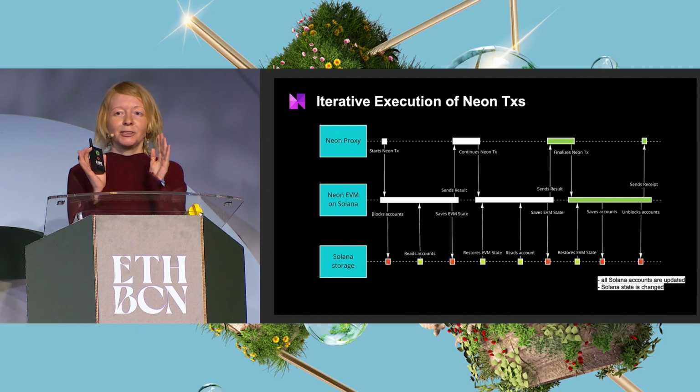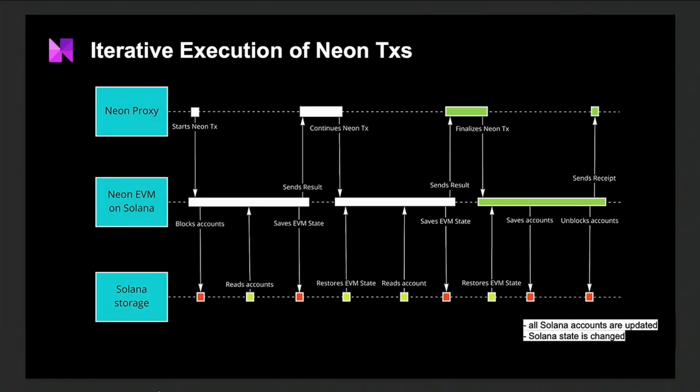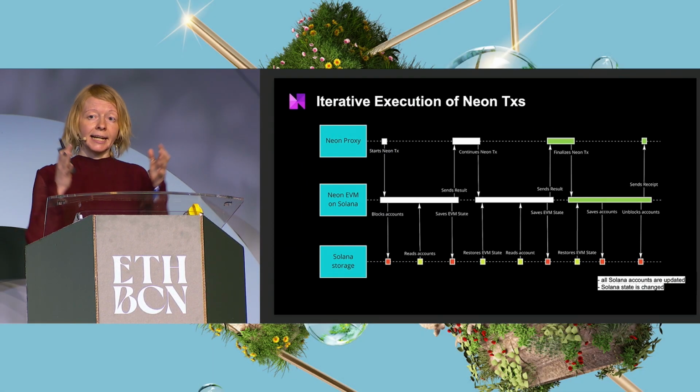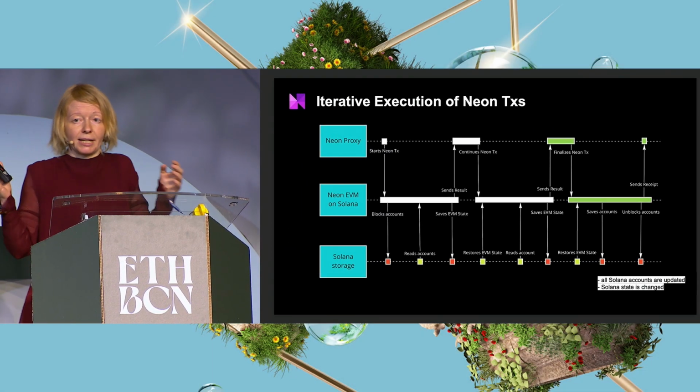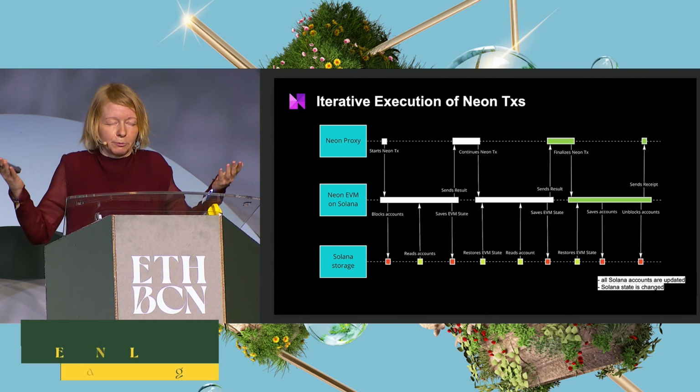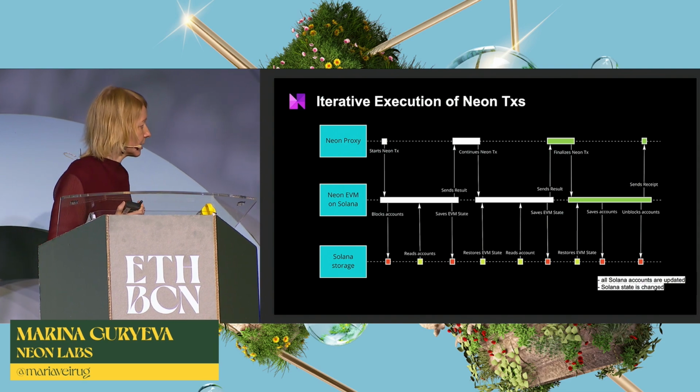However, you might know that Ethereum transactions can be very, very long indeed. As for Solana transactions, they are limited by the number of BPF cycles. So sometimes we just can't wrap one Neon transaction into one Solana transaction. We have to split big Neon transactions into several Solana transactions, but they still represent one Neon transaction, which means for us one Ethereum-like transaction.